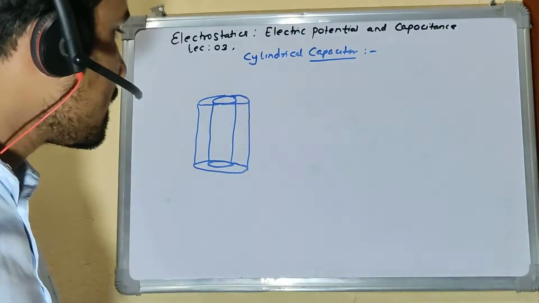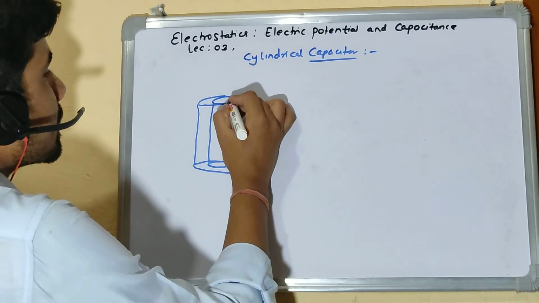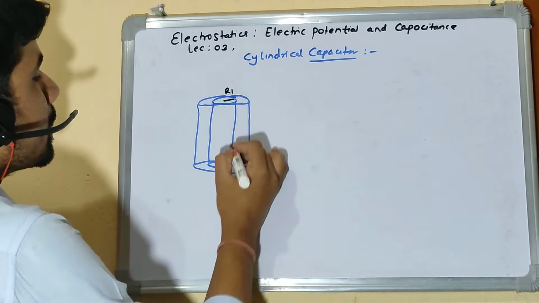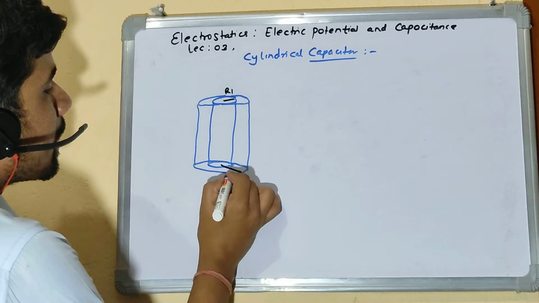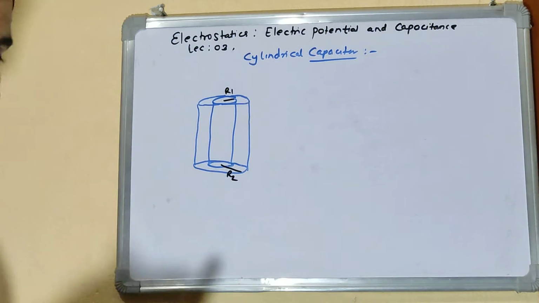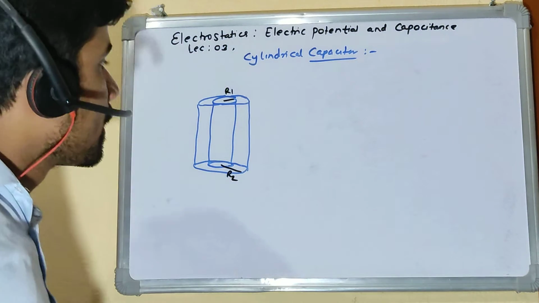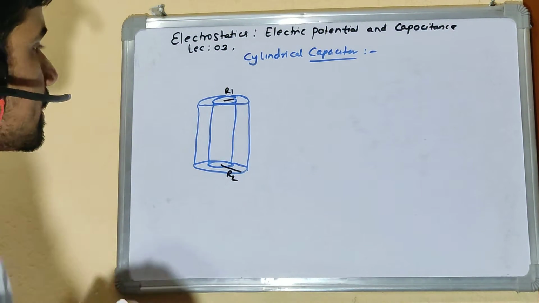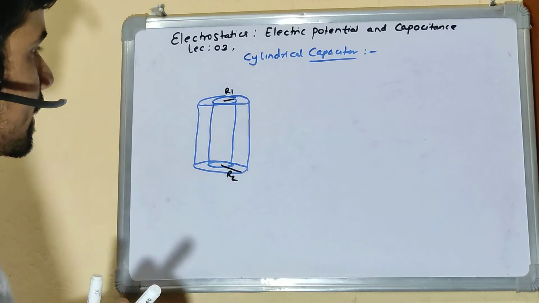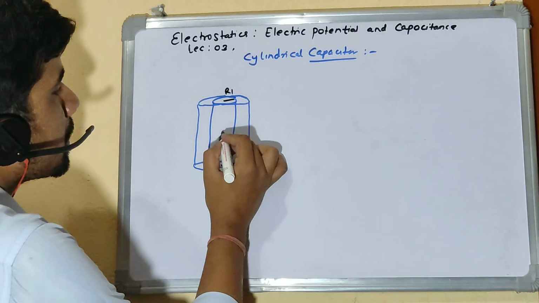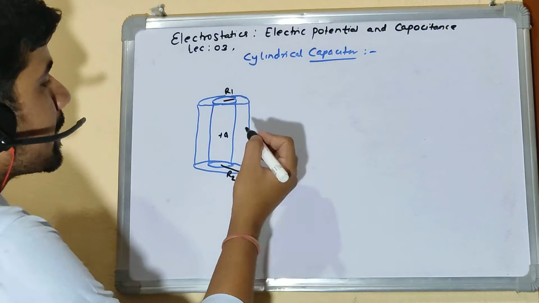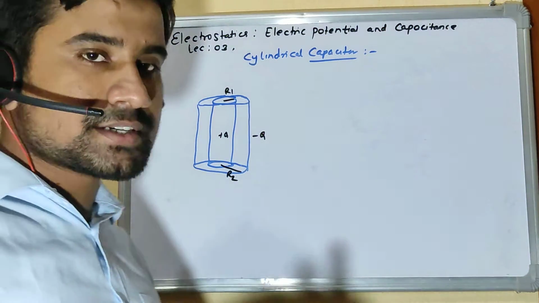Let's say the inner radius is R1 and the outer radius is R2, right? Now let's say the charge on the inner cylinder is plus q, and on the outer cylinder it is minus q, right?